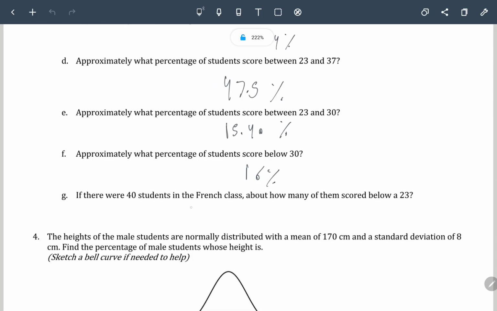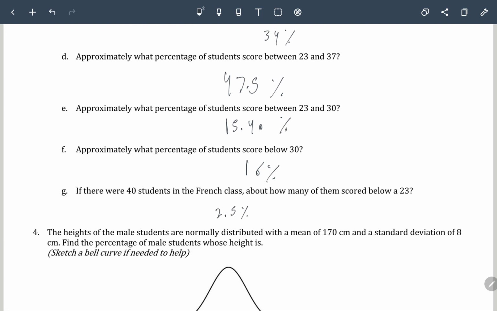So I'll just add the 0.15 plus the 2.35, which gives me 2.5%. Now, 2.5% of students are below 23, and if there were 40 students, in my mind I would just turn 2.5 into a decimal, 0.025, and then I would multiply that by 40 to get the number of students out of 40 who scored less than 23, which is 1.